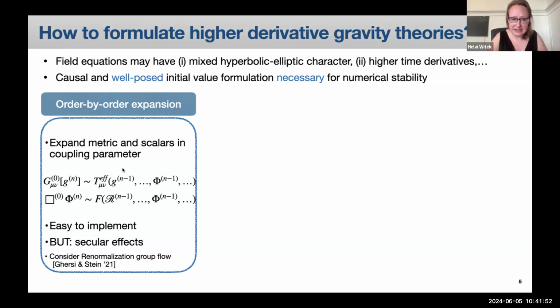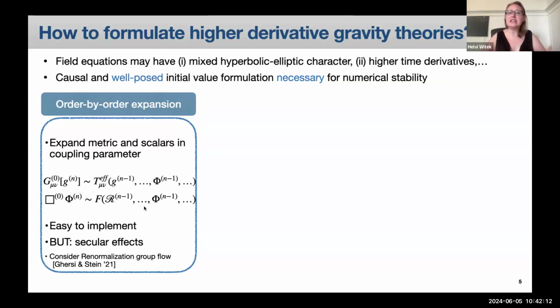So anything that comes from the lower order just enters as a source term. And likewise for these extra fields, the D'Alembertian computed from the general relativity background metric acts on the nth order, and then we have a source term that depends only on the lower orders.